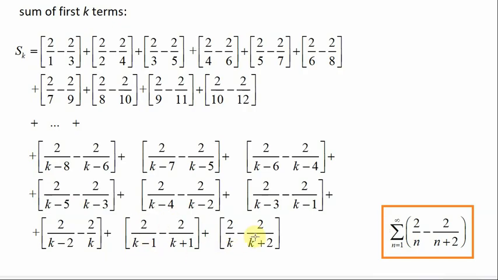And for the term before the kth term, in the place of n we have k minus 1. For the next terms, we have k minus 2, k minus 3, k minus 4, k minus 5, k minus 6, k minus 7, k minus 8.